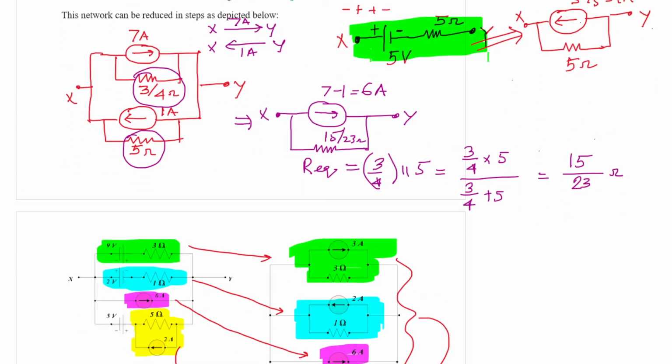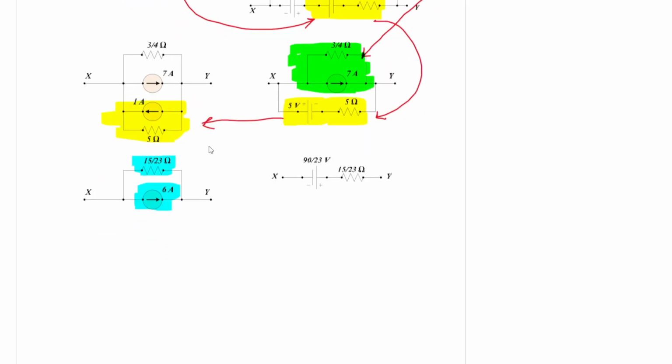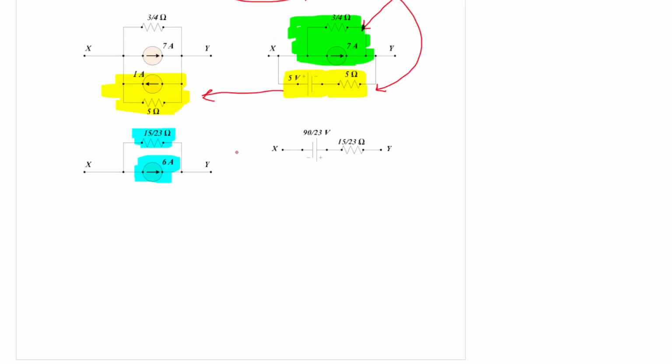So we have a 6 ampere current source and 15/23 ohm. Now when you convert it again to an equivalent voltage source and resistance, this voltage source must be 6 ampere into 15/23, which is equal to 90/23 volt.